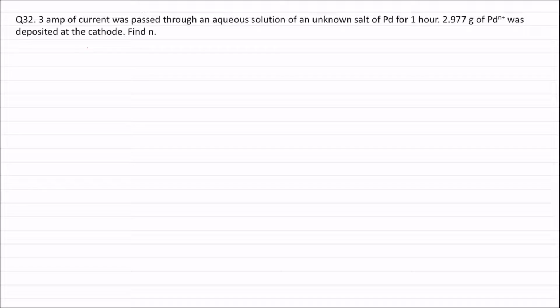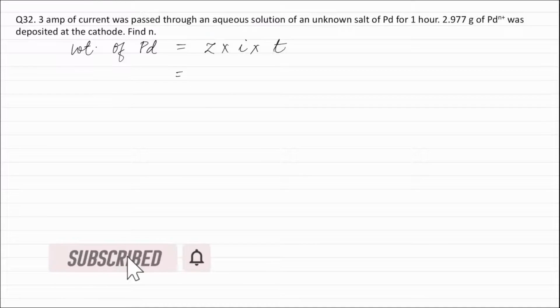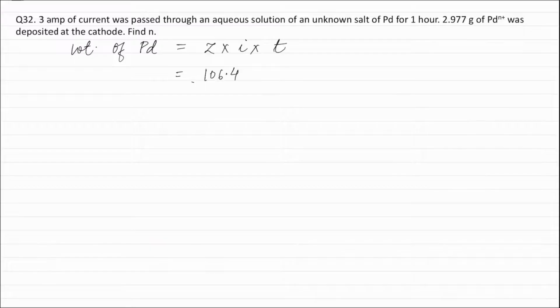Now weight of palladium deposited is equal to Z into I into T. Now Z is equal to equivalence of palladium, which will be equal to atomic weight of palladium, that is 106.4, divided by valency factor of palladium, that is N, divided by 96500 coulombs, into I is given as 3 amperes, into time.